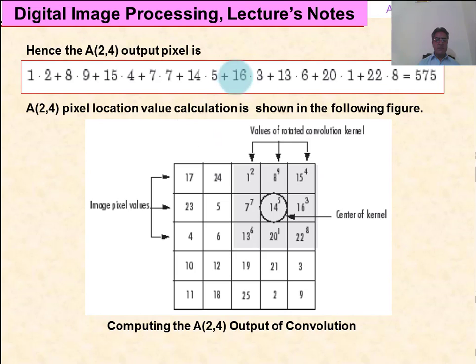Here you may see we have overlapped the kernel, that is 2 7 6, 9 5 1, and 4 3 8.